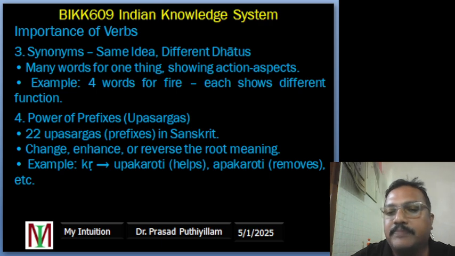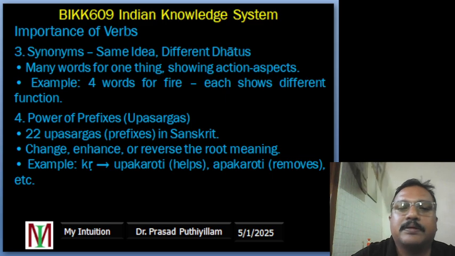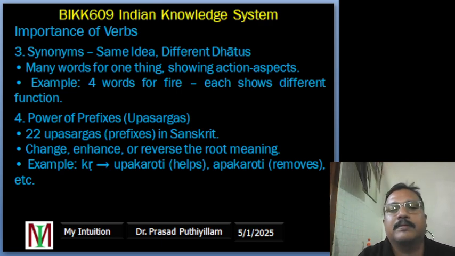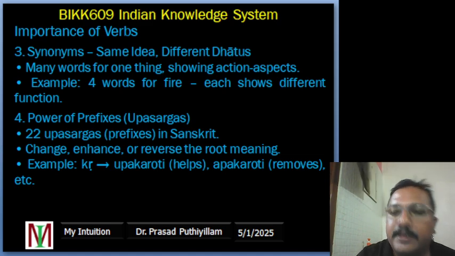The synonyms: the same idea or different actions. Do we know that in Sanskrit, one thing can have many names, and each name tells us something new? For example, Agni is the word for fire in Sanskrit. We can have many examples of the same thing but with different meanings.